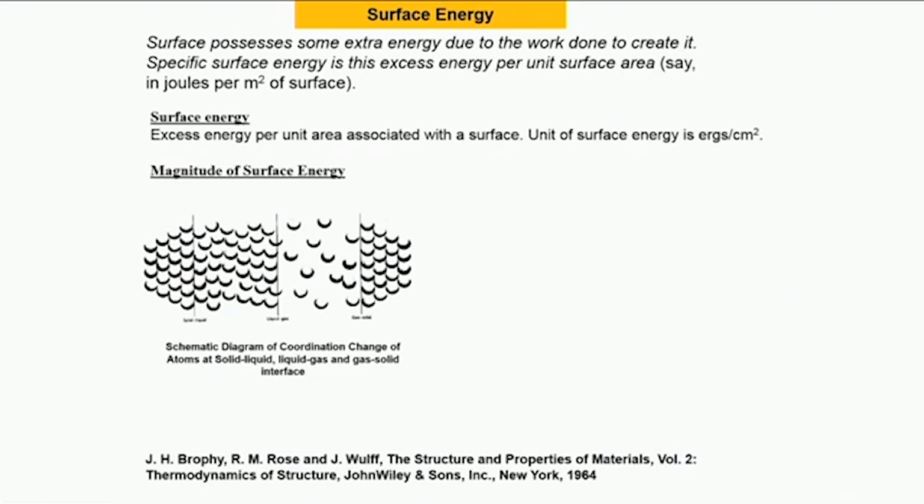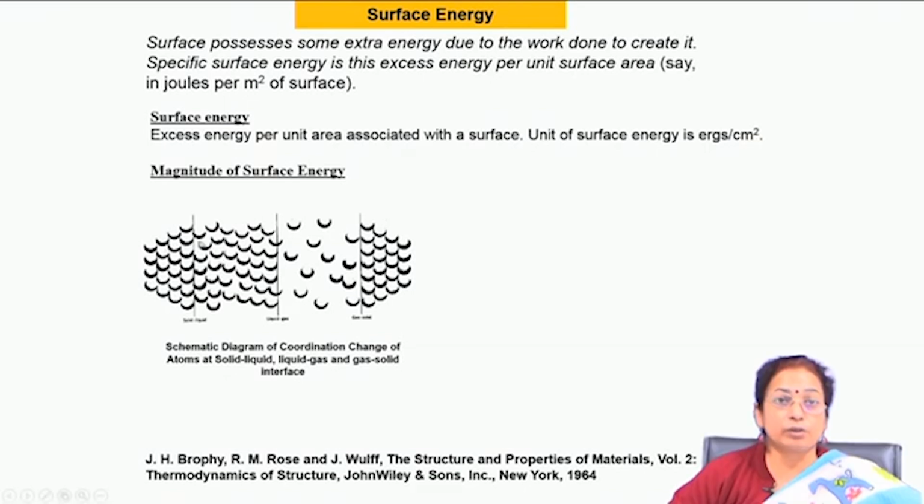This is because when you create the surface, we need to break a certain number of bonds to create the interface, and as a result we need to spend some energy to create the surface. For example, take the solid to liquid interface.